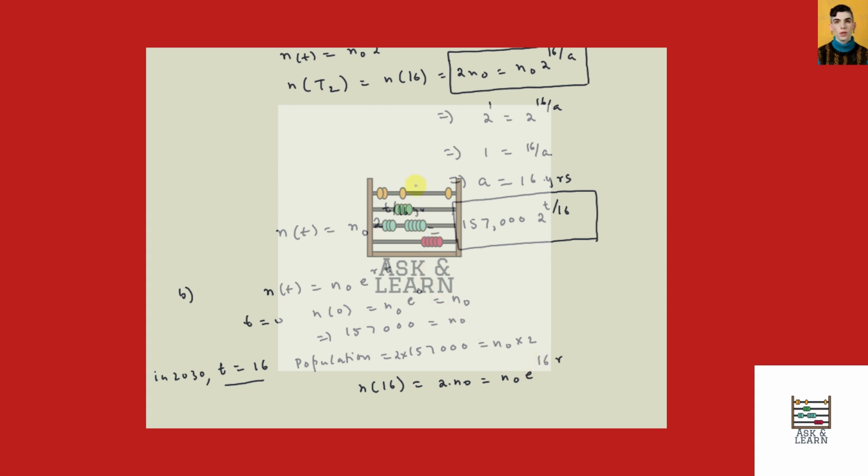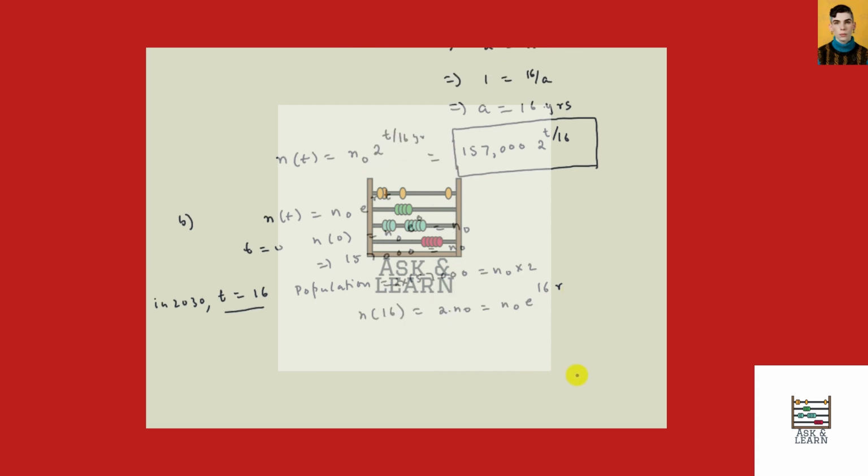Into this formula, if you plug in t equal to 16, we get e to the power 16 times r equal to this thing. If we cancel N naught from both sides, we get 2 is equal to e to the power 16r.